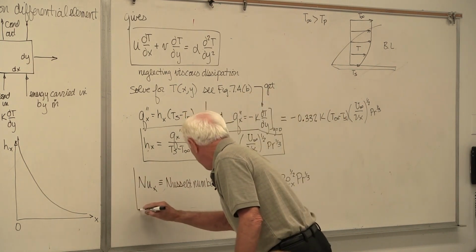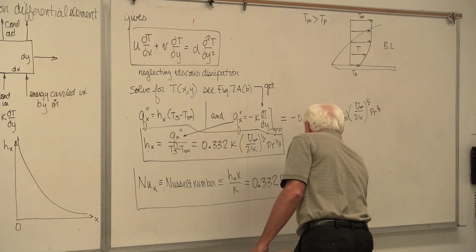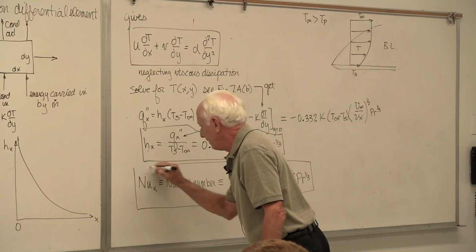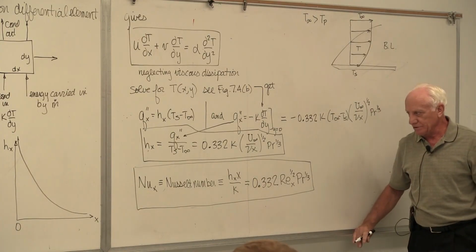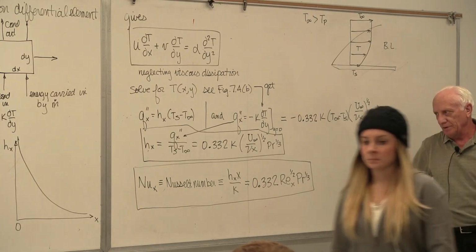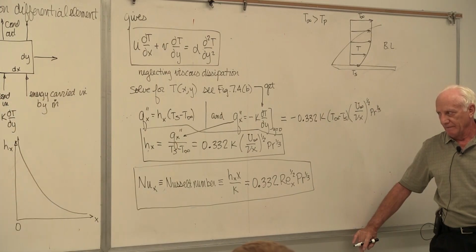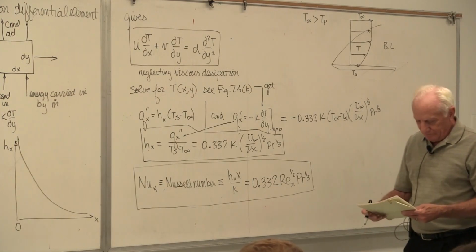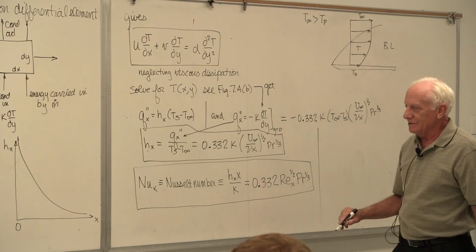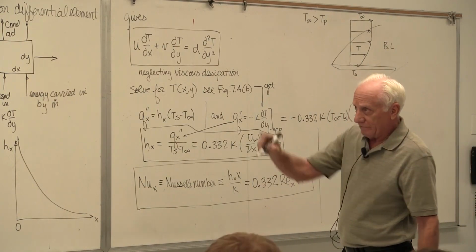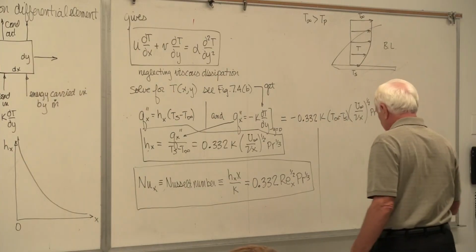So this is the dimensionless form of the convection equation. 3 dimensionless parameters: Reynolds number, Prandtl number, Nusselt number. And the last thing we have is, what is delta T for that picture over there?